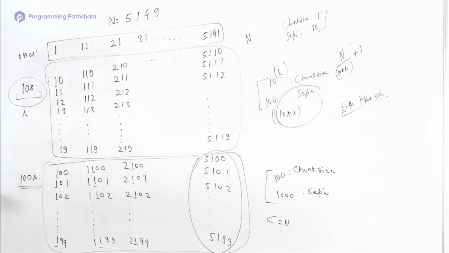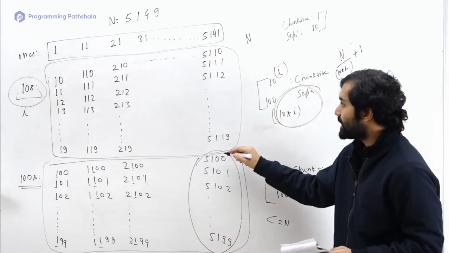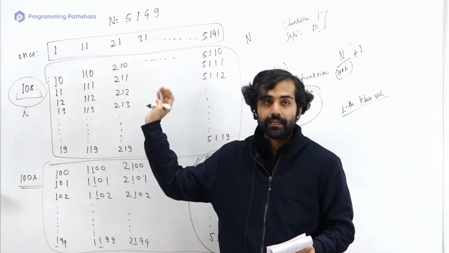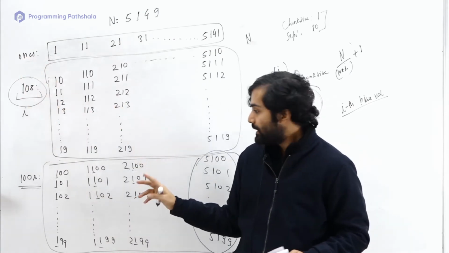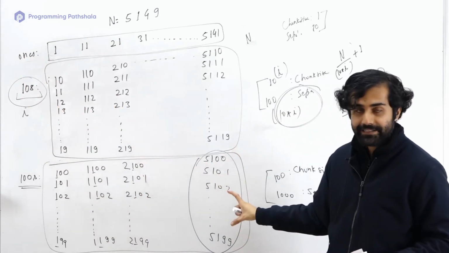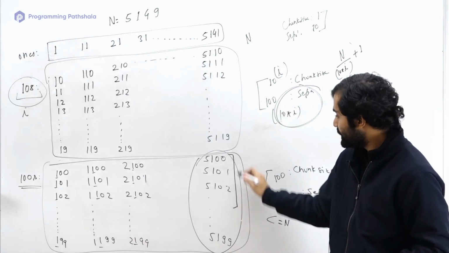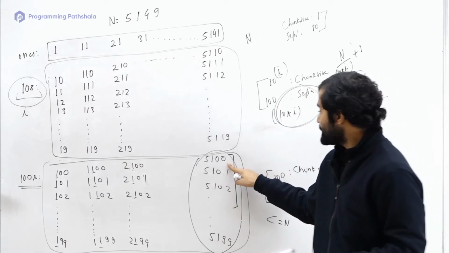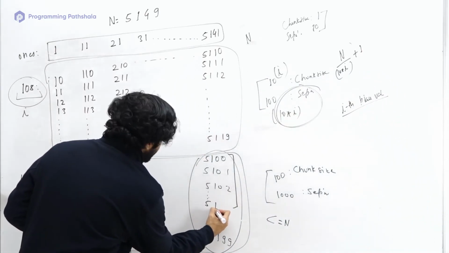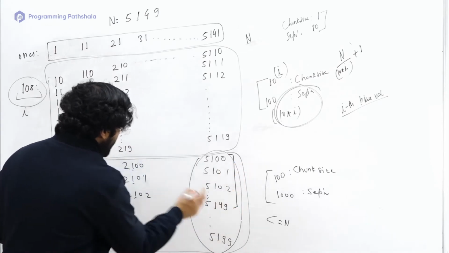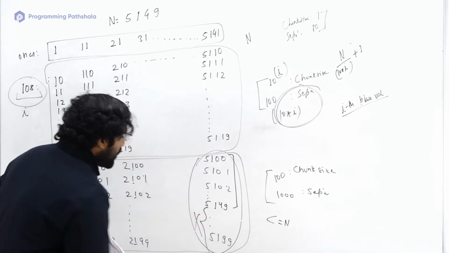So such a problem can happen with the final chunk of every family. If I call every place value a family, then in the final chunk of that, it can happen that only the first few numbers belong to the chunk. So from 5100 and on till 5149, it will belong to the family, but after it whatever comes will not belong to the family.